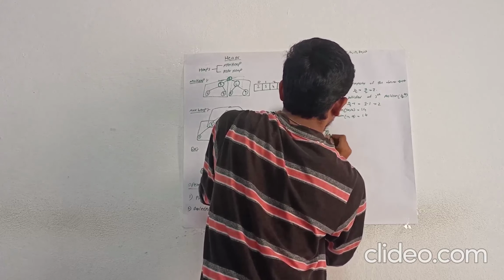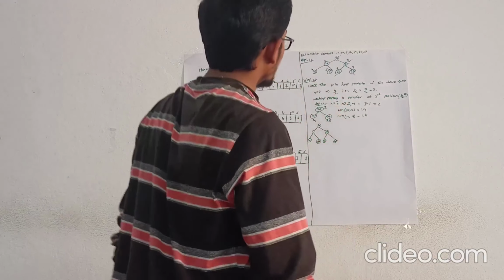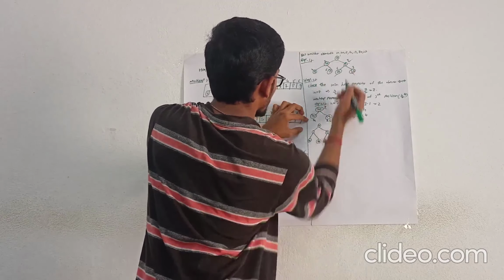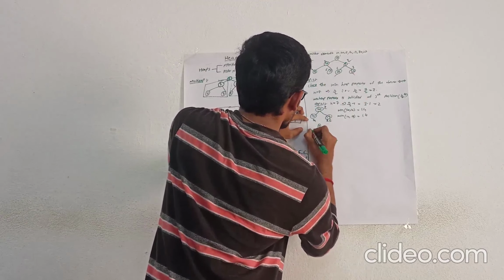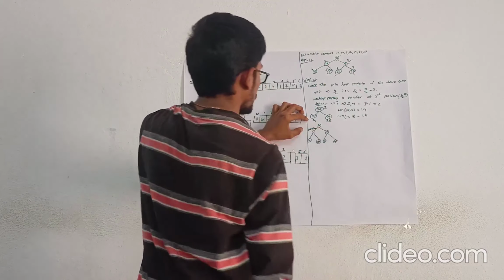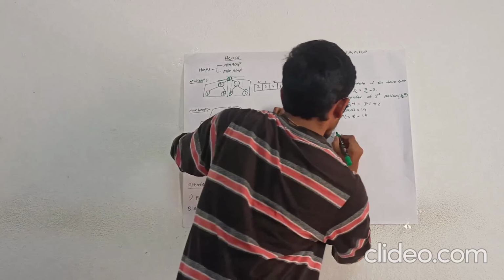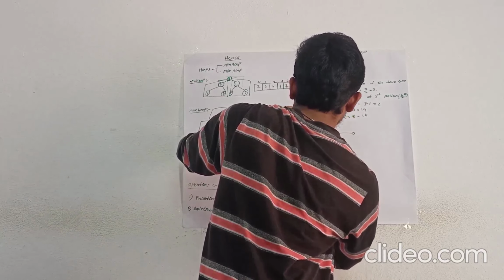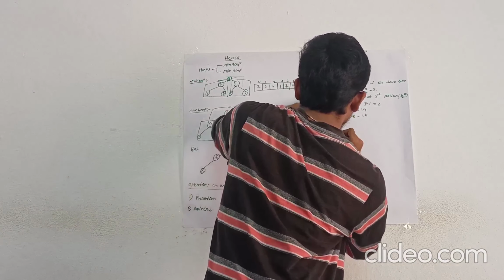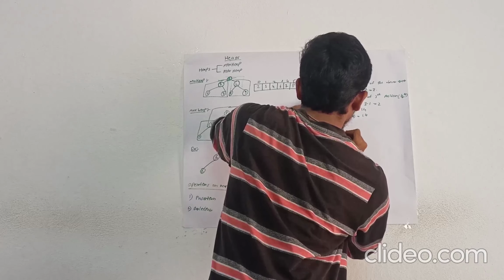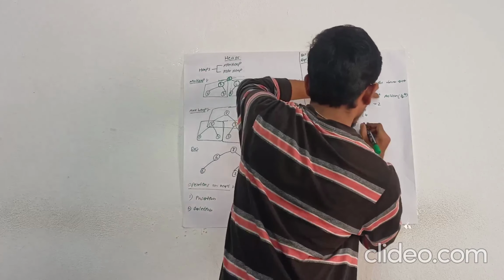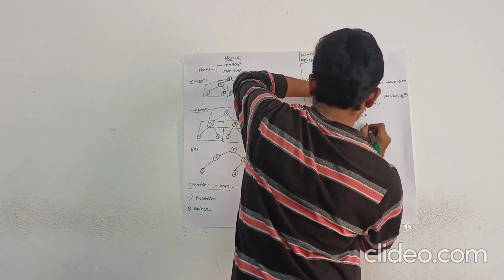Here initially I am using a temp variable to store the number 2 position element. Here temp is equal to 20, that is after swapping the element from here to here. After swapping, the tree becomes 10.